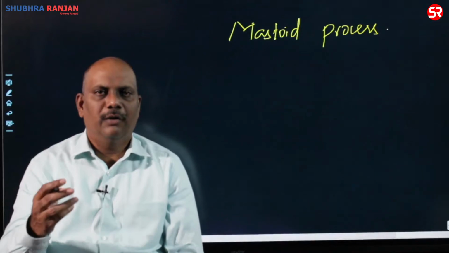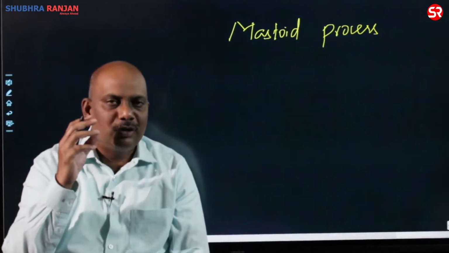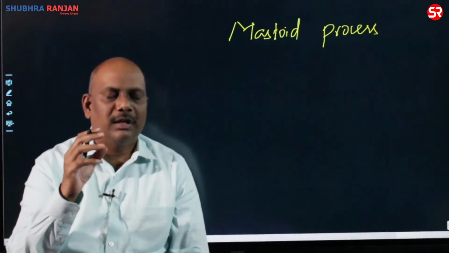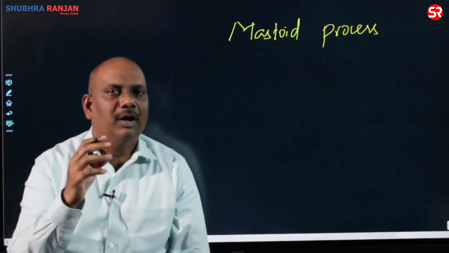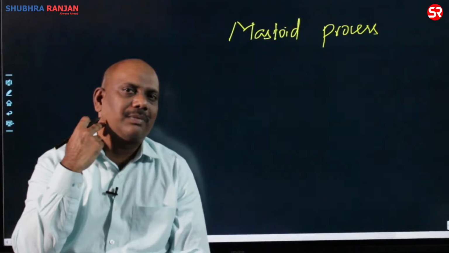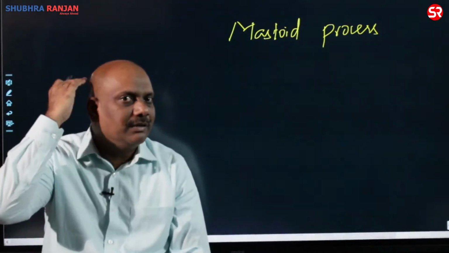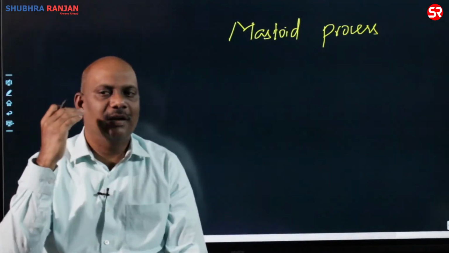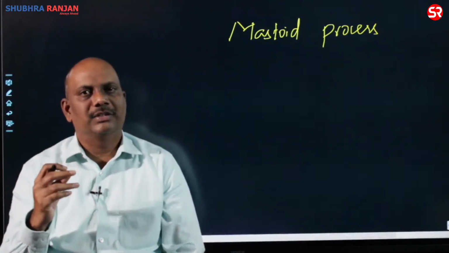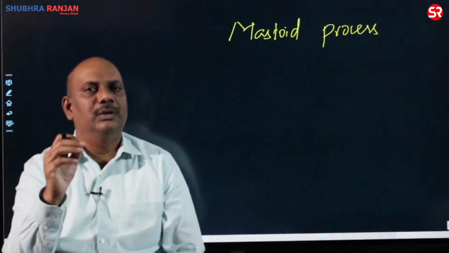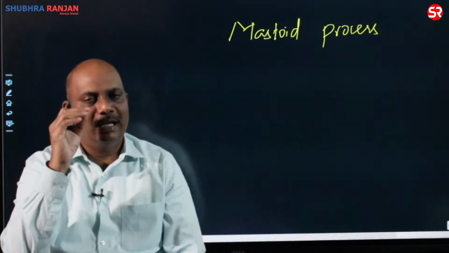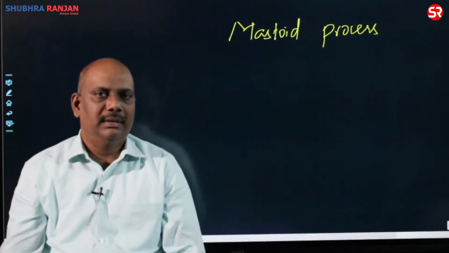Before that, I forgot to tell you, for Australopithecus, just like human beings, the foramen magnum was more centrally placed. It was not posterior, it was more centrally placed like the one in human beings.